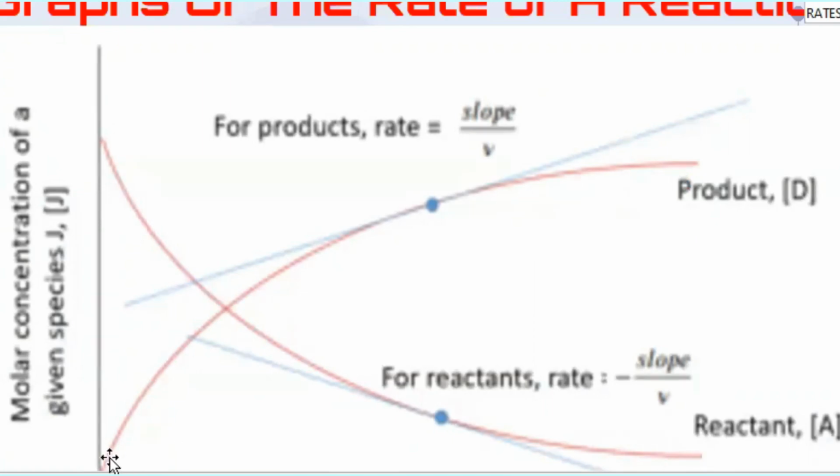As the concentration of the products increases, the concentration of the reactant decreases. Rate of reaction equals the slope. The blue line indicates what? The tangent line, which is the slope. Change in C divided by what? Change in T.